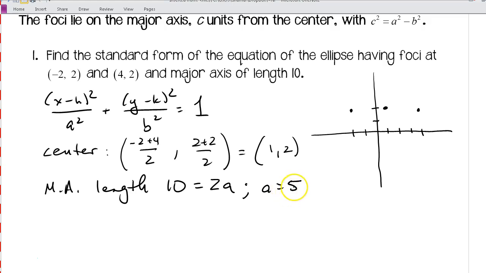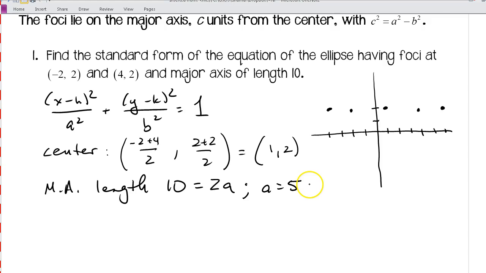So what I want to do is go 5 units from the center to the right and to the left. So if I'm at my center here, I'm going to go 1, 2, 3, 4, 5 units this way, and 1, 2, 3, 4, 5 units this way, because we're just going to make a little sketch of it. But really we just need a.